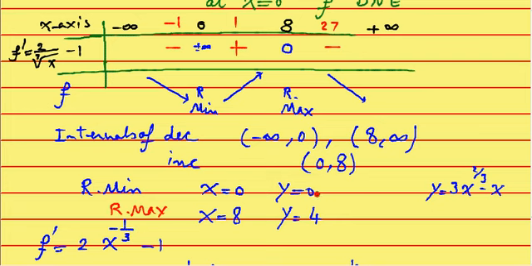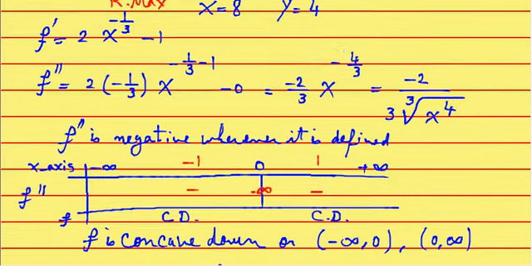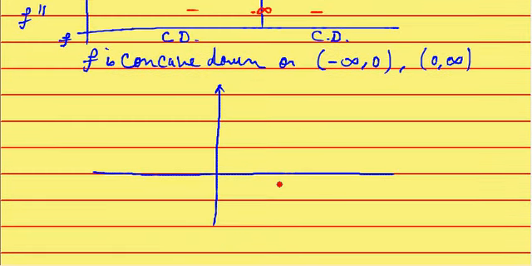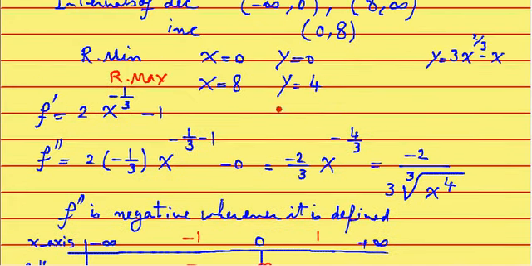Relative min at 0, 0, relative max at 8, 4. Derivative is undefined at 0, and second derivative also undefined. So we go, remember all this information, and so we had a relative minimum at 0, 0. The other one I already forgot was 8 and 4.